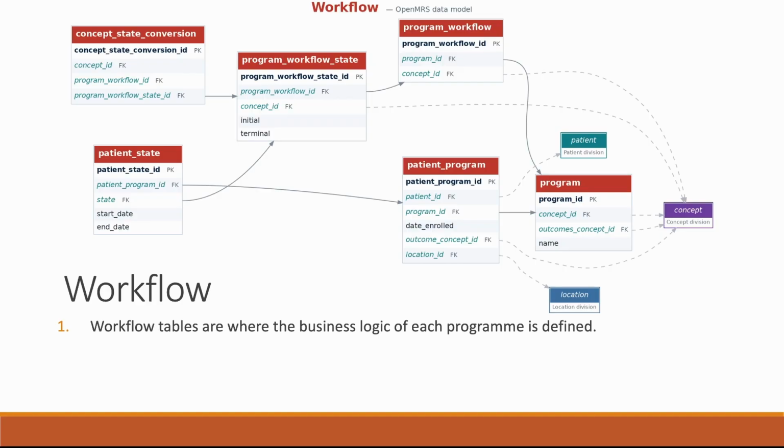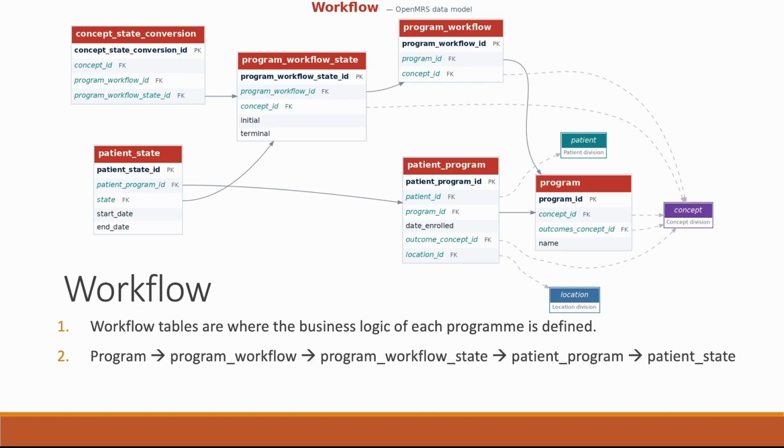So first of all, you are going to define a new program, create a program called, say, DOTS program, and that program will have one or more workflows. Say DOTS program has 2 workflows. You can say DOTS program's first workflow is that you are reaching the patient in various locations geographically. Your healthcare workers are reaching the patients.